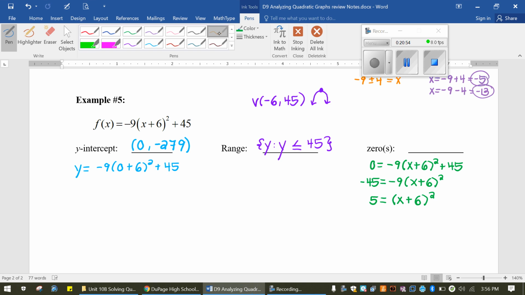Now we're going to take the square root of both sides. So this is plus or minus the square root of 5. And then the square root cancels the square, giving you x plus 6. Then subtract 6 from both sides. So you've got negative 6 plus or minus the square root of 5. So our zeros, we just write as x equals that.